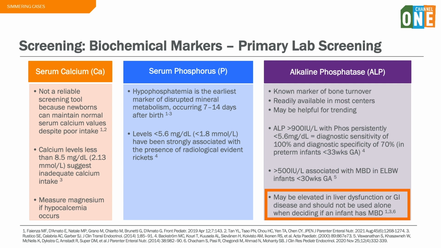Of note, alkaline phosphatase may be elevated due to factors other than metabolic bone disease, such as liver dysfunction, and therefore should be used in conjunction with other clinical factors when deciding if an infant has metabolic bone disease. Obtaining a fractionated alkaline phosphatase may be helpful in some situations.